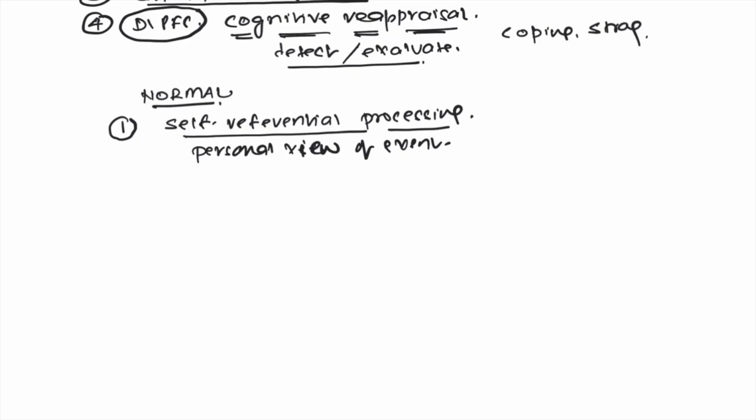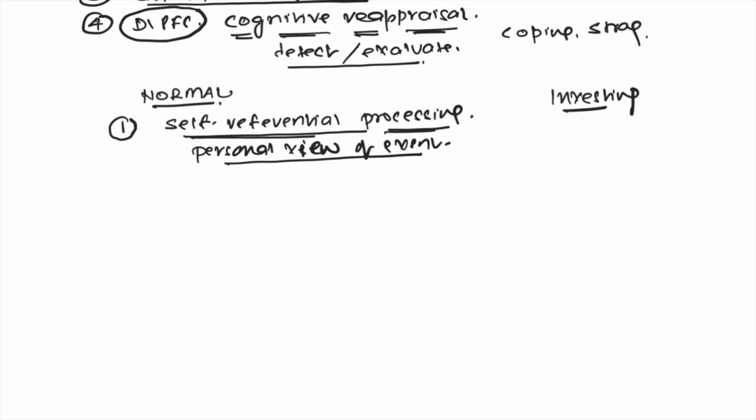Let's take this example where this particular patient spent so much money with an idea that occurred to the patient 10 minutes back. So when you plan to invest, there will be self-referential processing, or your personal view of the event.